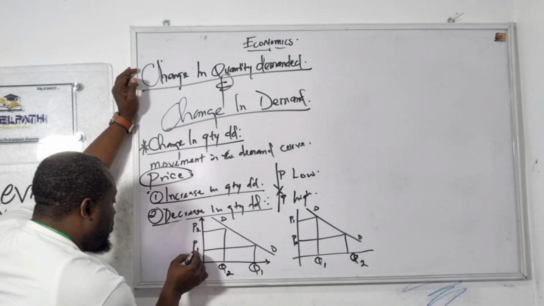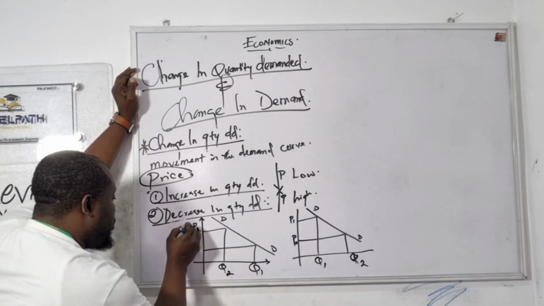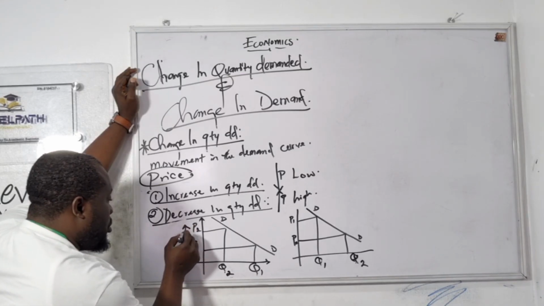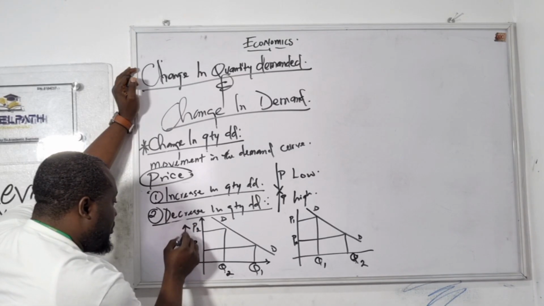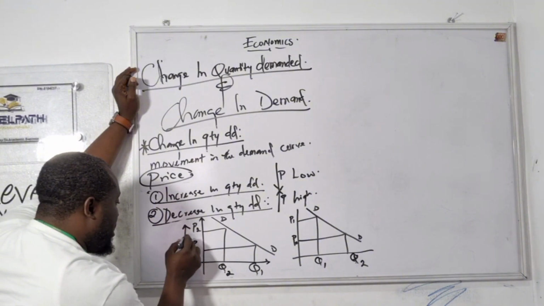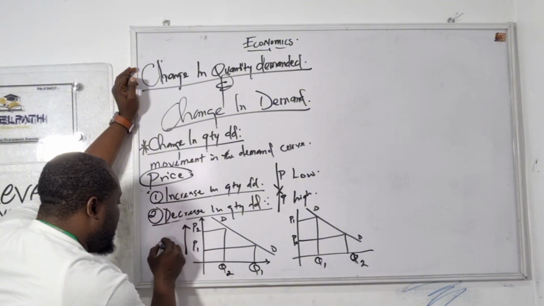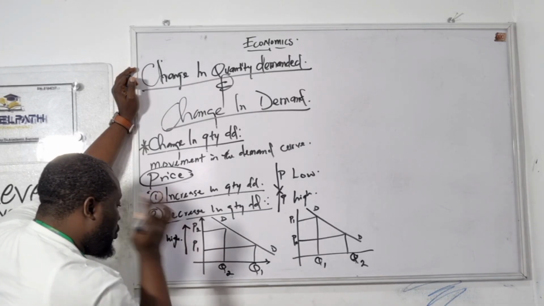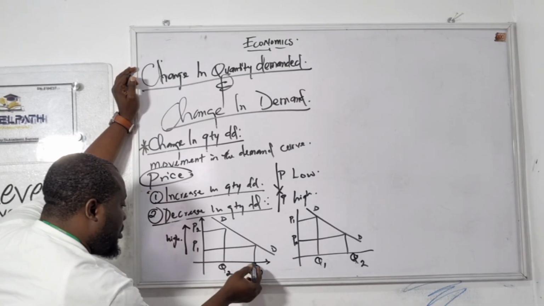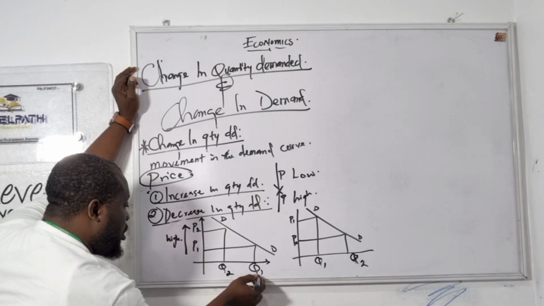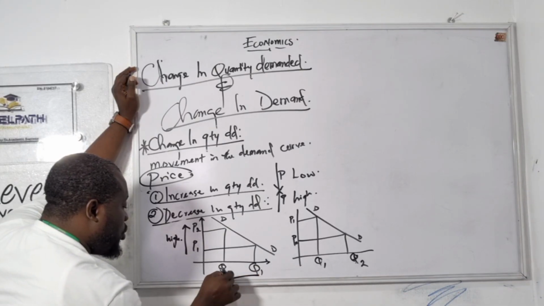So it means that from 1 here, it goes up to 2. So what does it illustrate? This indicates that there's an increase in price. So here we have high price, making this quantity move from Q1 to Q2.